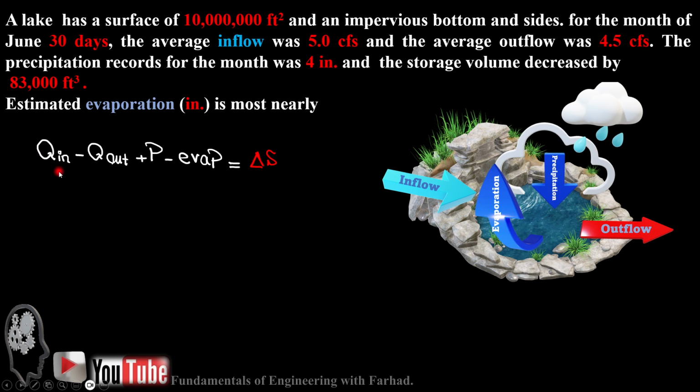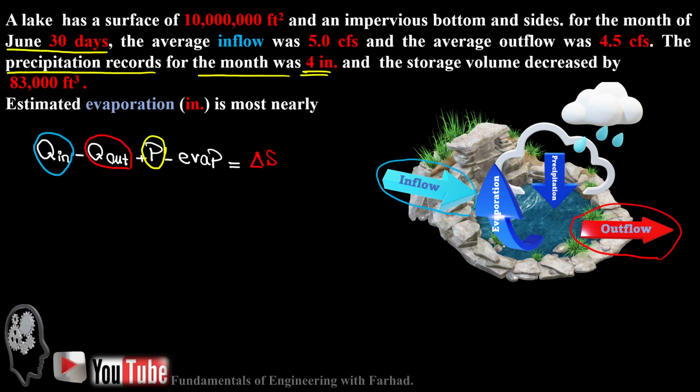Q in, inflow, minus Q out, outflow, plus the precipitation from the sky, minus evaporation loss, which goes back to the atmosphere, is equal to either a loss or a gain of height of our reservoir.